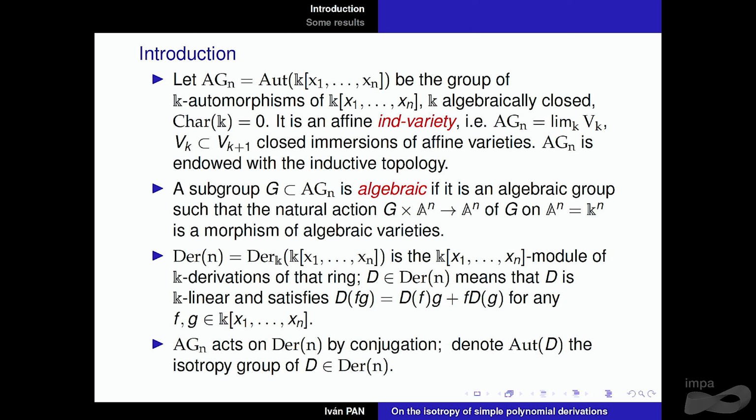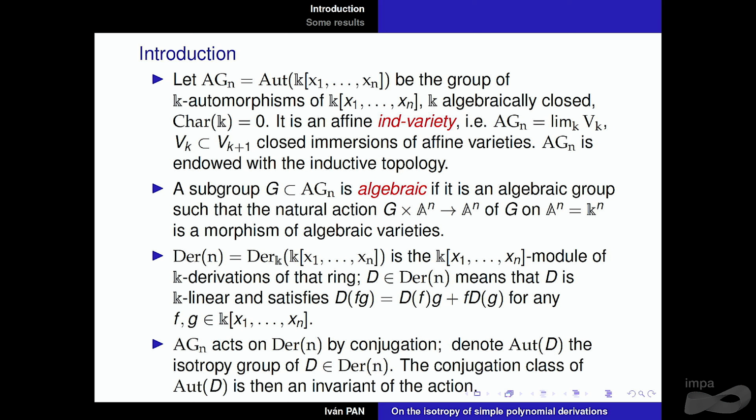And we will denote Aut(D) the isotropy of this action. That is, this is a subgroup of the group of polynomial automorphisms that commute with D. The conjugation class of this subgroup is, in fact, an invariant, naturally.